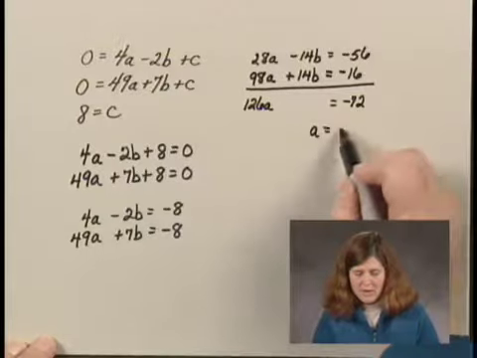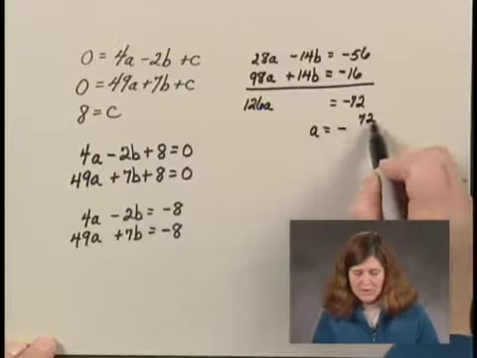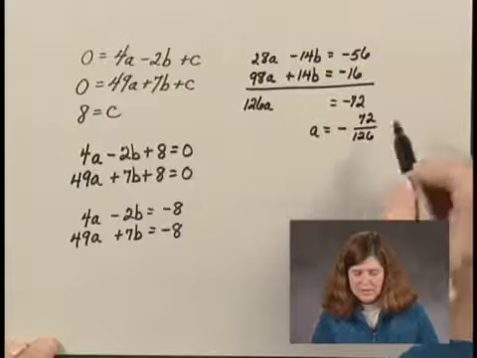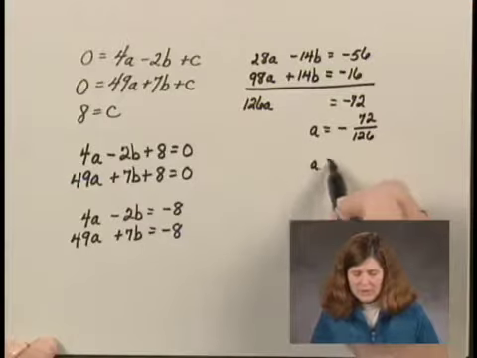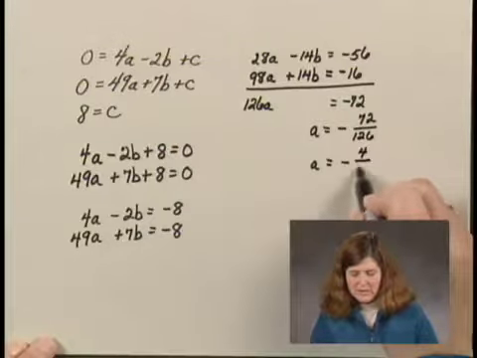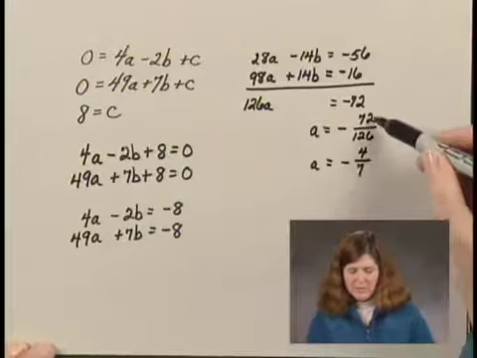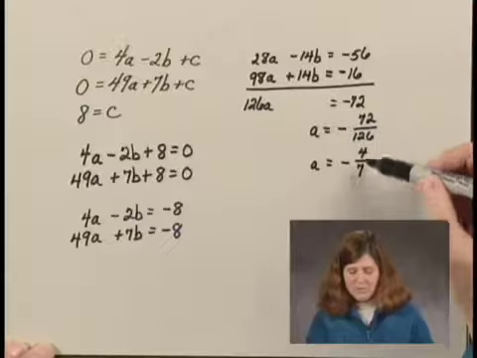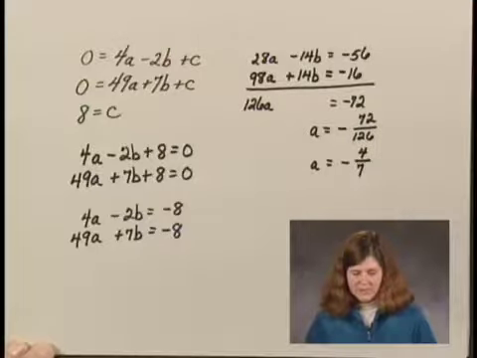So a equals -72 over 126, which simplifies to -4/7. I can divide both top and bottom by the same number and simplify to -4/7.